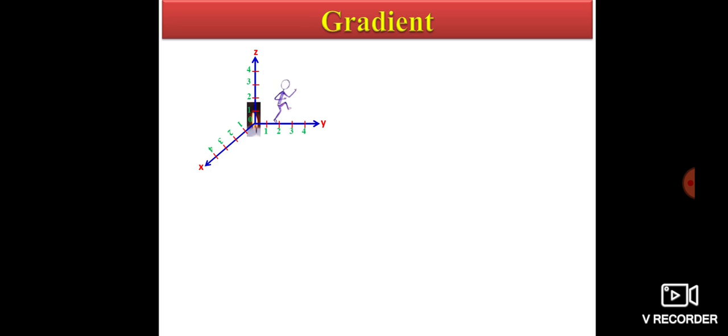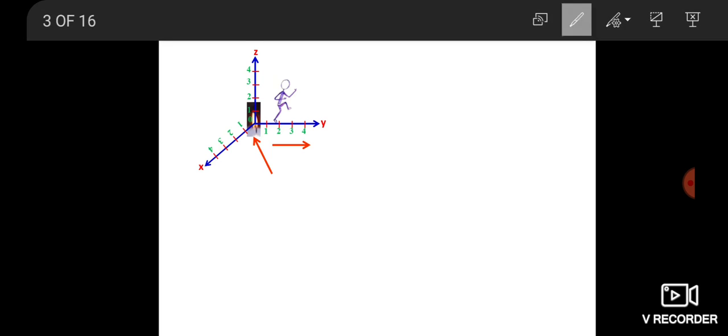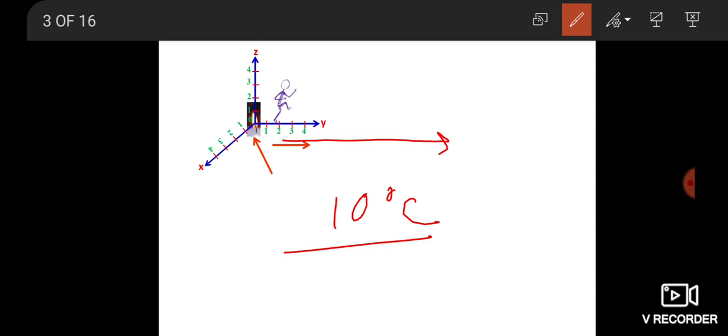This shows the three-dimensional Cartesian coordinate system, and at the origin there is a heat source. Right now you are moving along the y direction and holding a thermometer with you. You are moving so far that there is a possibility of change in temperature. Imagine for each 1 meter of travel there is a 10 degrees centigrade temperature fall.